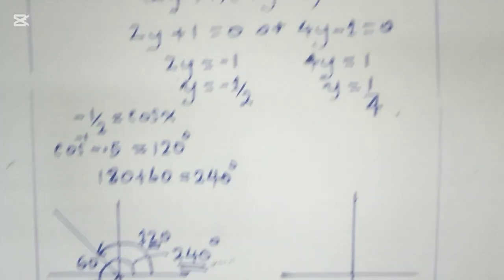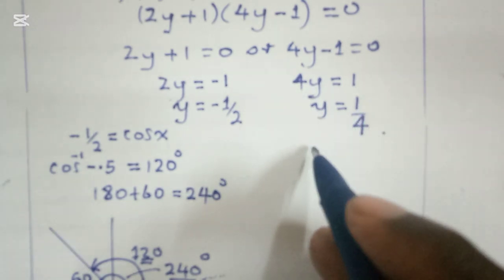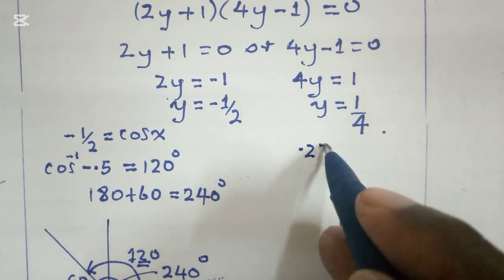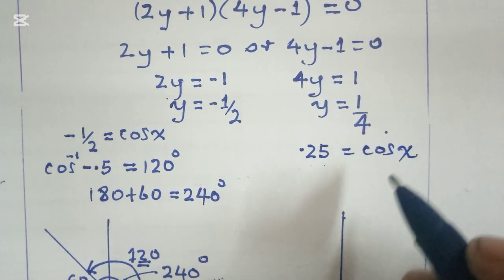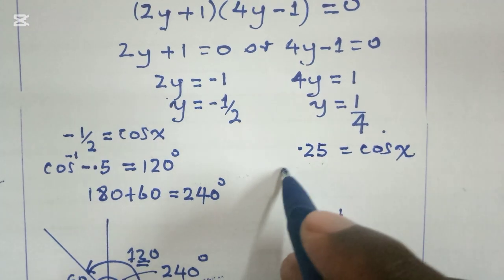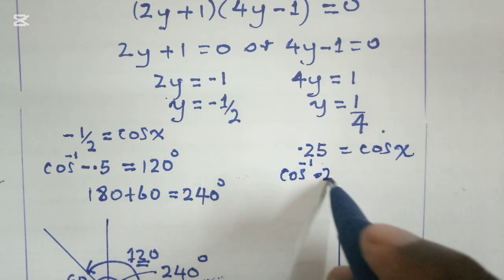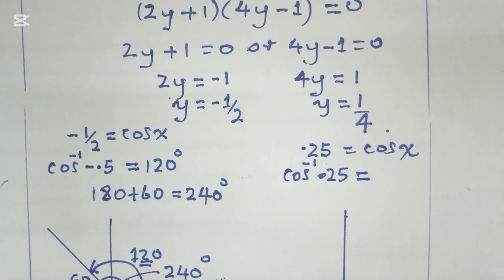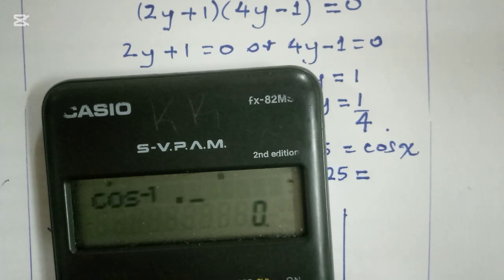So guys, let's go now to this other figure where we have 1/4, which is 0.25, is equals to cos x. And therefore, cos inverse of 0.25, this one will give us, let's check with our calculator, guys. We'll have inverse cos 0.25.